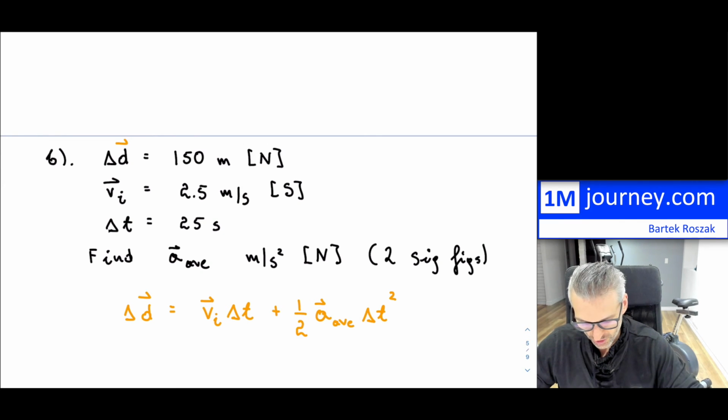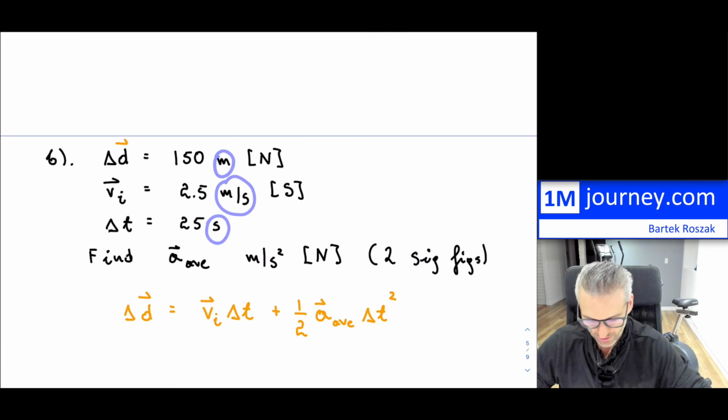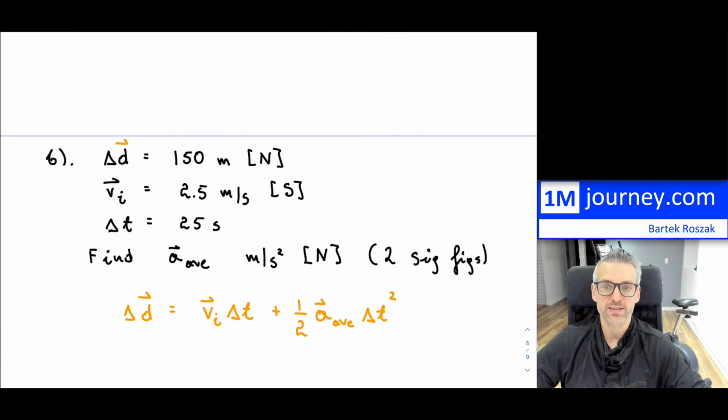We have our initial velocity, 2.5 meters per second. This one, notice it's south, and then time is 25 seconds. They do want this in meters per second squared, so we want everything in meters and seconds. Everything is fine on the consistency of units.